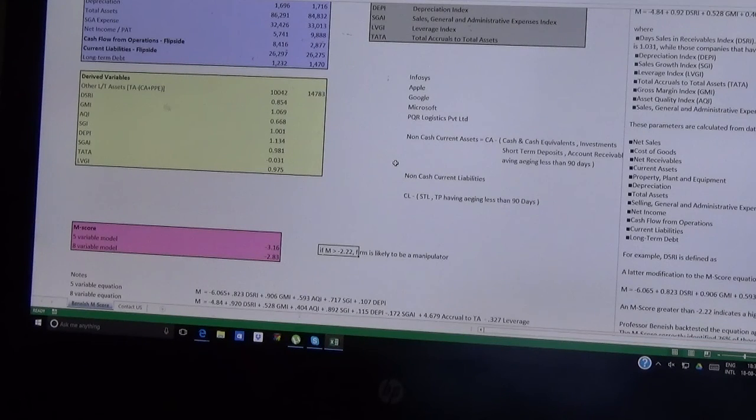Sometimes we also have a few fake companies, like Ricoh India, wherein the loan amount was increased from 300 to 1300 crore.